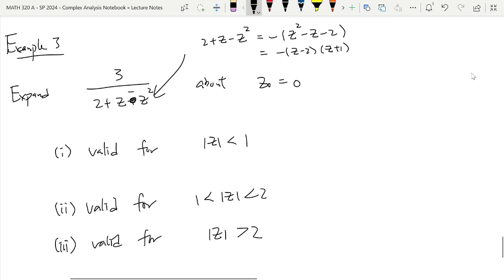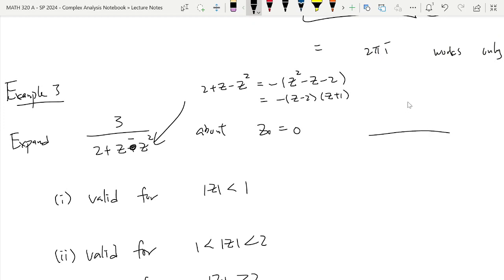So if you were to sketch it, because that's the 0 of the denominator, it will be a singularity of the original function. And the forbidden points are -1 and +2. So you see the purpose of the cases down there.